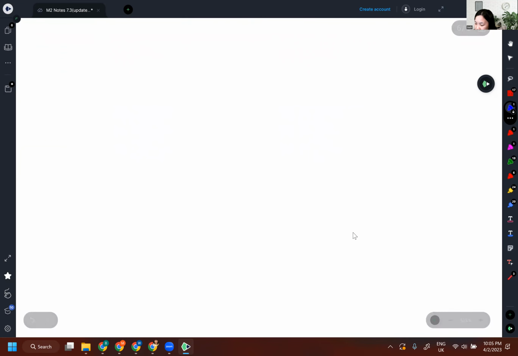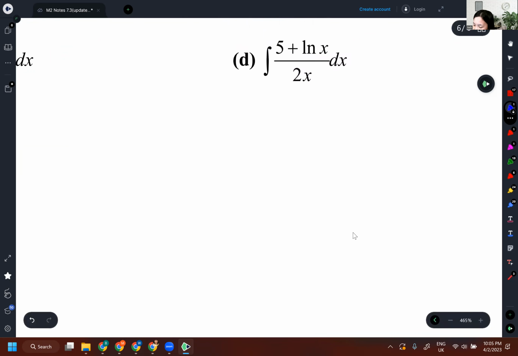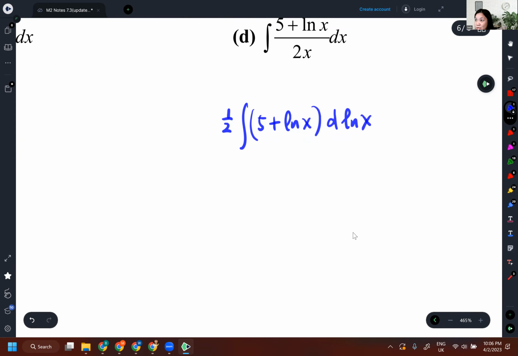Let's say in the steps, you will have 1/2 times the integral of 5 plus log x d log x. In the step you have this, but instead of adding 5, you will just do this.